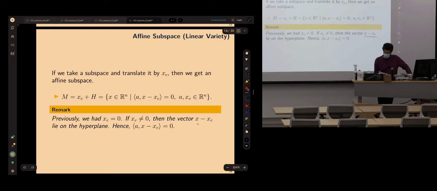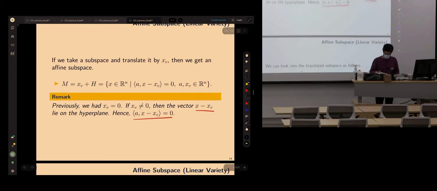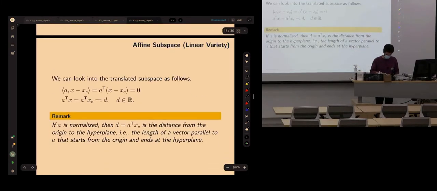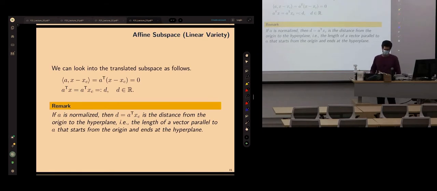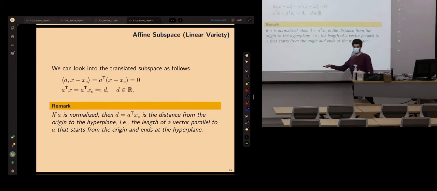So I explained this. The vector x minus xc lies on the hyperplane. That's why this constraint is now equivalent to the original case when it was going through the origin. Now you can look into the constraint.